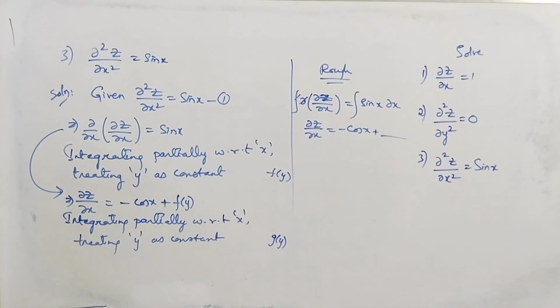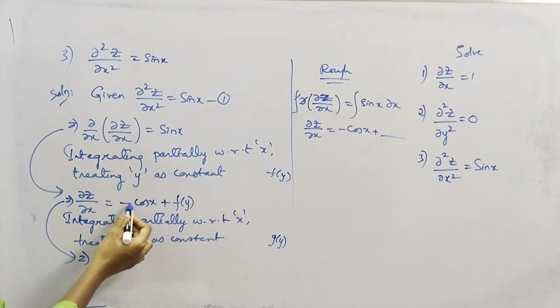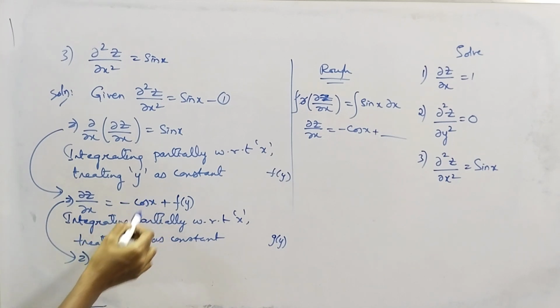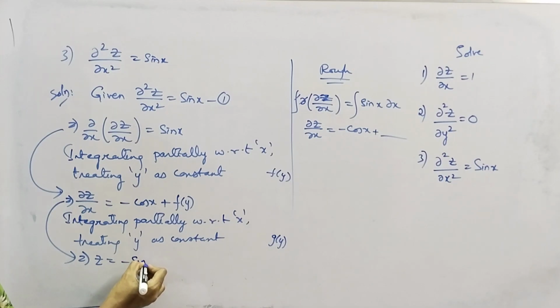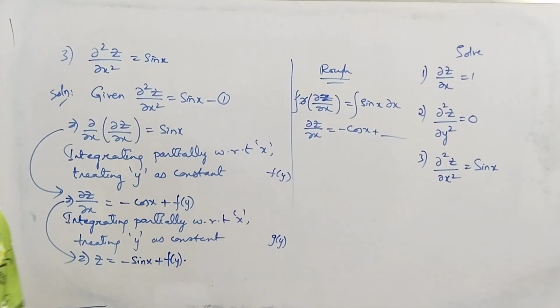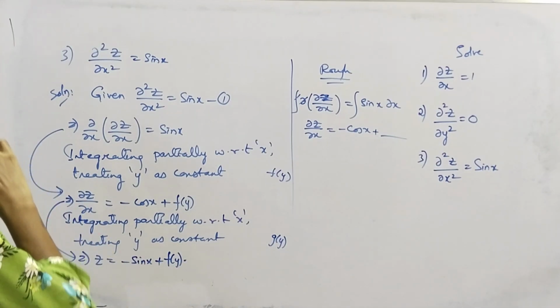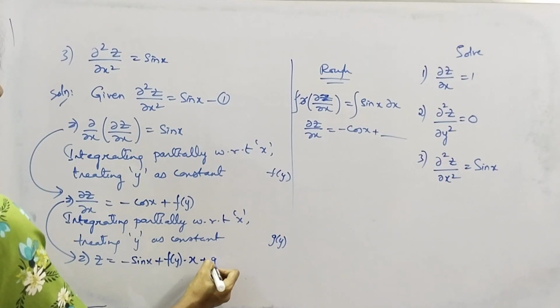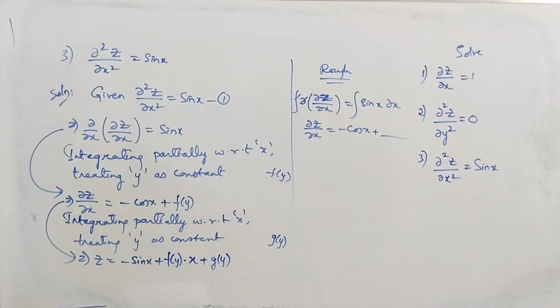This becomes z equal to integral of minus cos x with respect to x, which is minus of cos x integral, integral cos x is sin x, plus f of y is constant into integral ∂x is x plus constant of integration g of y.